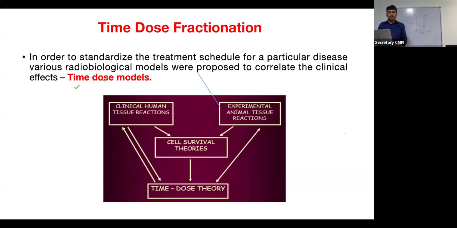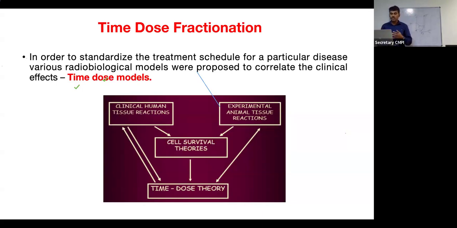Time dose models and time dose theories are developed from clinical human tissue reactions and clinical data. We have a long experience of actual treatment data: how much complication comes to the lung because of giving this dose, how the prognosis was for this type of tumor with this much dose, how many patients were treated, how many recurred, how many were cured, etc. Clinical data, experimental animal studies, and very importantly, third, the cell survival theories, LQ models and other theories.